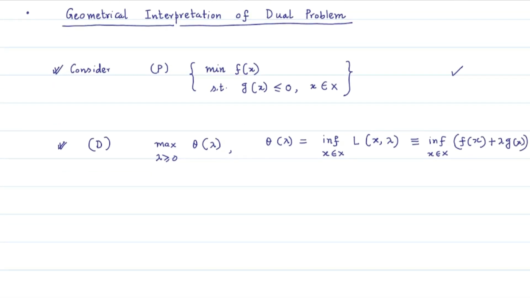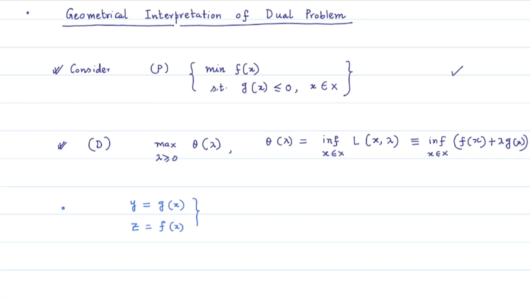Now to find a geometrical interpretation of this dual problem, we notice the following: consider, let's suppose, a new variable y as your g(x) and z as your f(x).